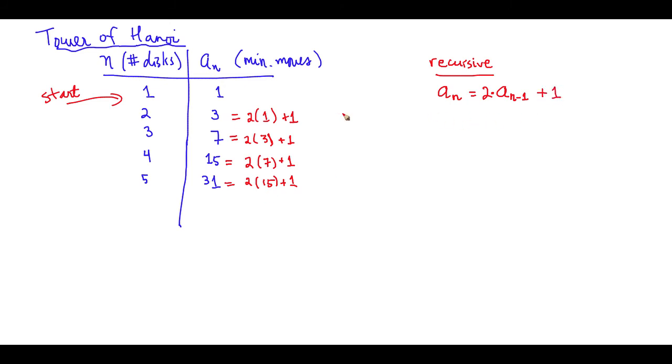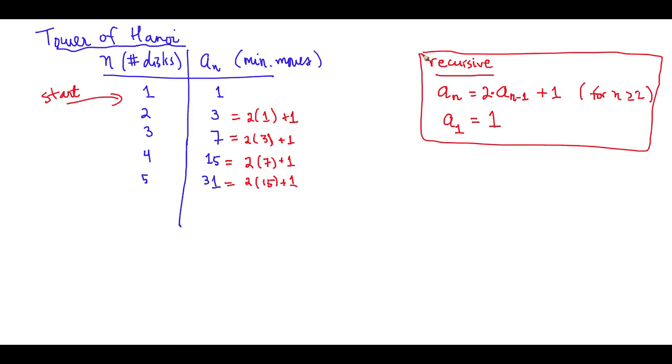Now this only applies when n is 2 or greater, so we should clarify that this is for n greater than or equal to 2. We remember that we need a starting point somewhere, and so our starting point for the Tower of Hanoi must be at 1, so a sub 1 is equal to 1. So this is the recursive sequence that describes the minimum number of moves necessary to solve the Tower of Hanoi with n number of discs.